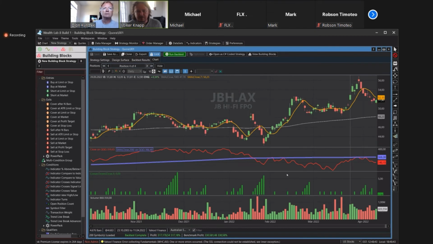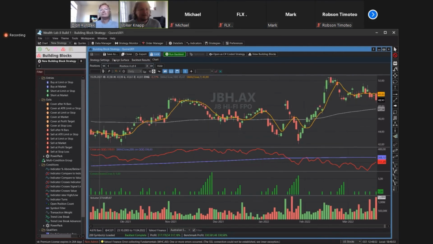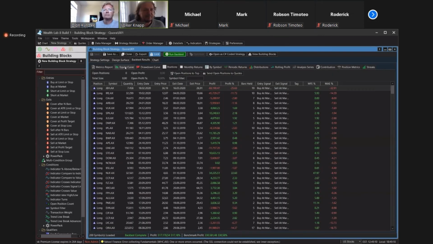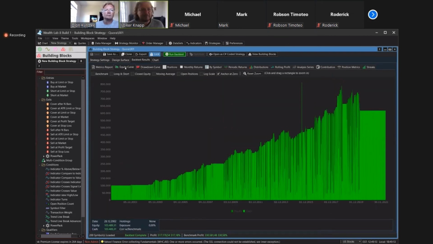Maybe it's because of the Qs being below. I was still using the Qs as the moving average of the Q, so it makes sense that there were no trades here, but I don't know why there were no trades in that Australian stock market. Until then, the equity curve looked quite good, because I did test some other strategy with this Australian stock market, and they were actually quite good.